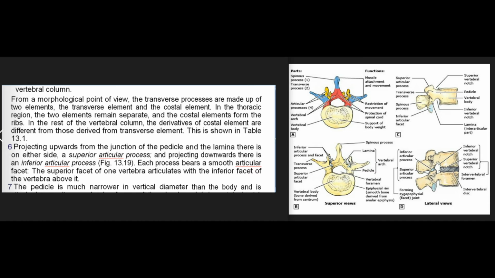6. Projecting upwards from the junction of the pedicle and the lamina there is, on either side, a superior articular process, and projecting downwards there is an inferior articular process. Each process bears a smooth articular facet. The superior facet of one vertebra articulates with the inferior facet of the vertebra above it. 7.